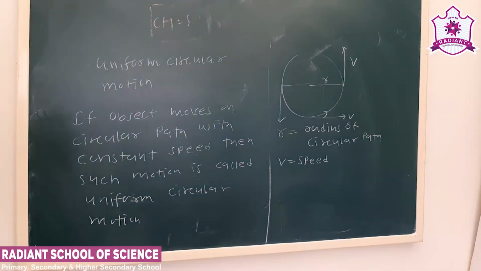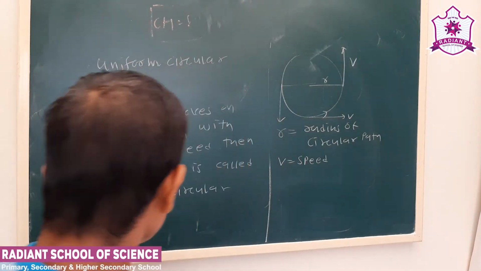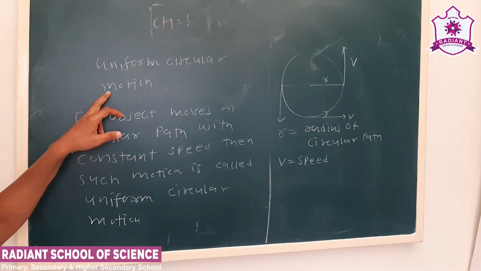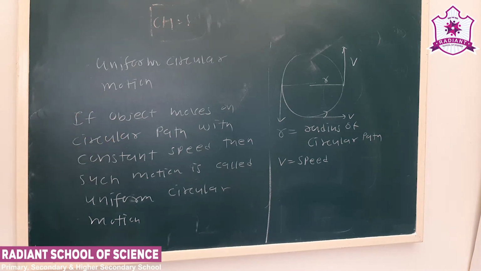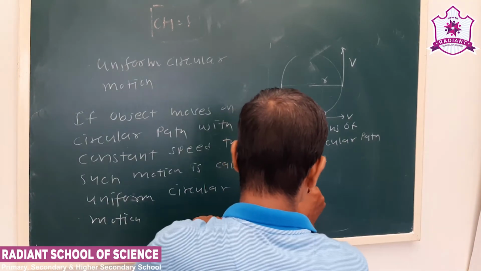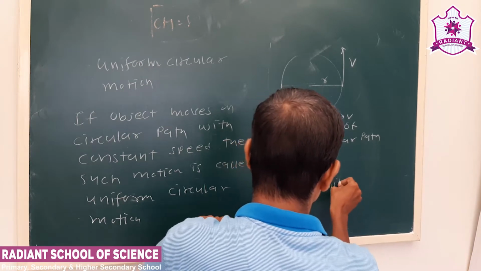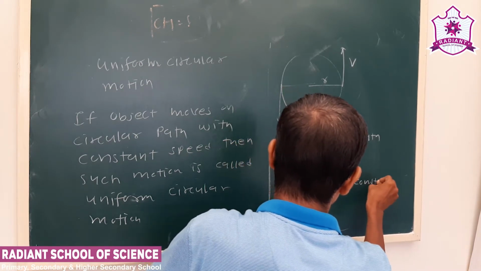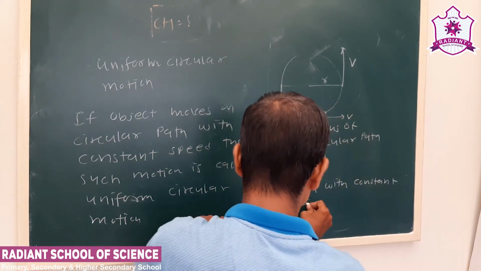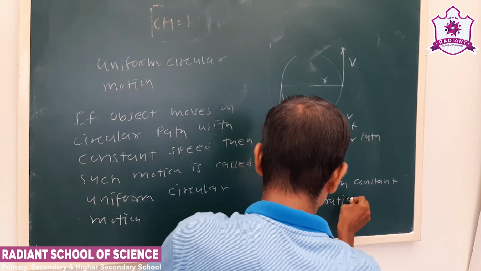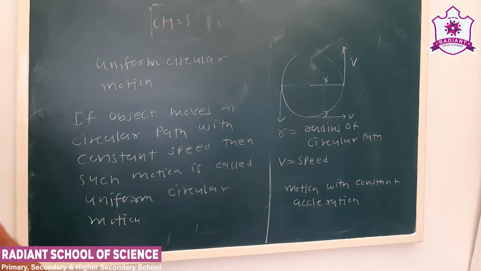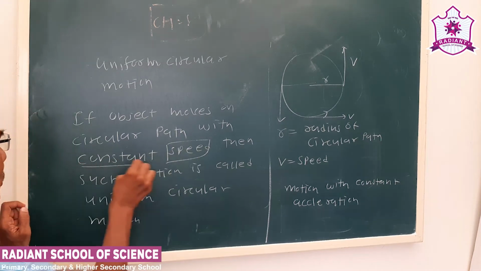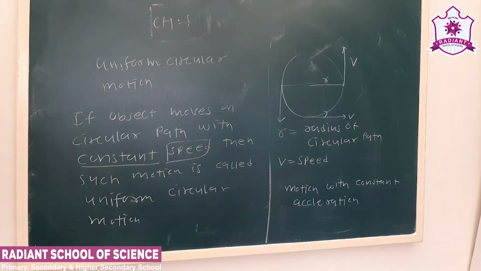Now you should have some question. Sir, on one side you say this is a motion with constant acceleration, and on the other side you say it is a motion with a constant speed. How is this possible?